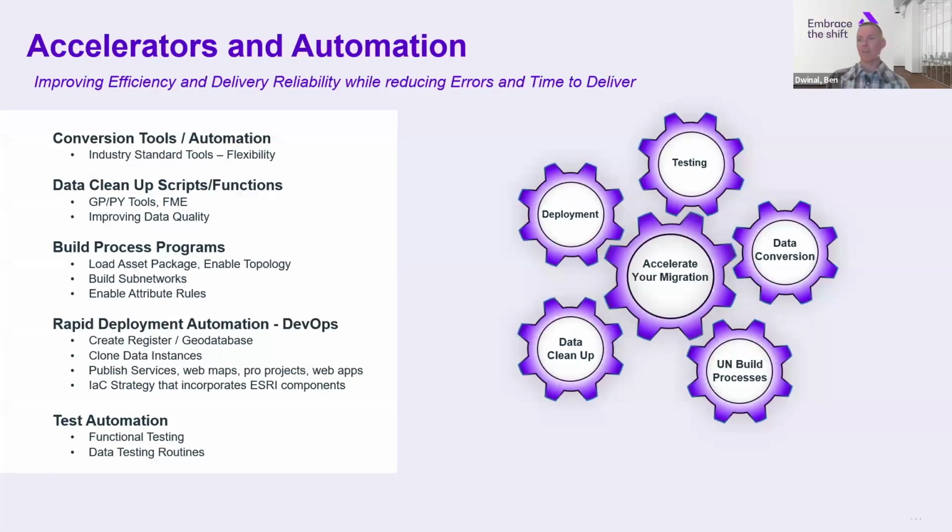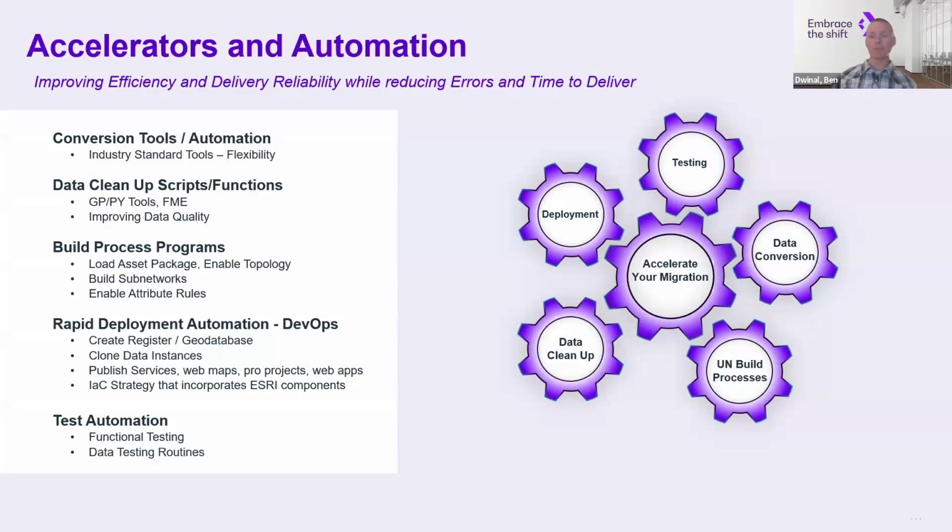So on the right side of the slide here, I've listed a handful of the most time-consuming and labor-intensive activities that you're going to face during your UN conversion. Key to executing your conversion efficiently and with reliability is taking advantage of accelerators and automation within each step of the process.